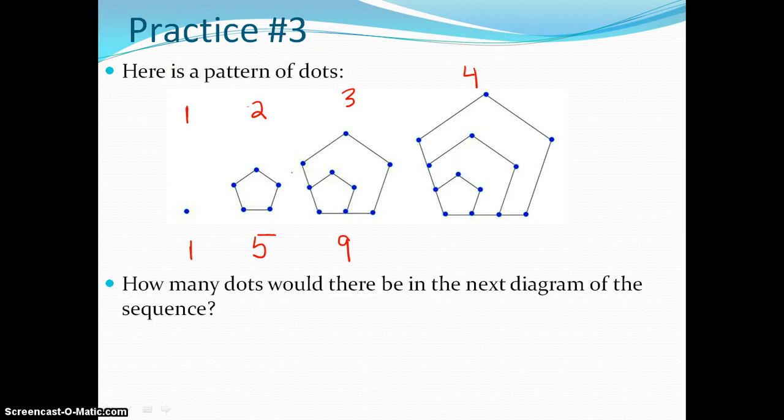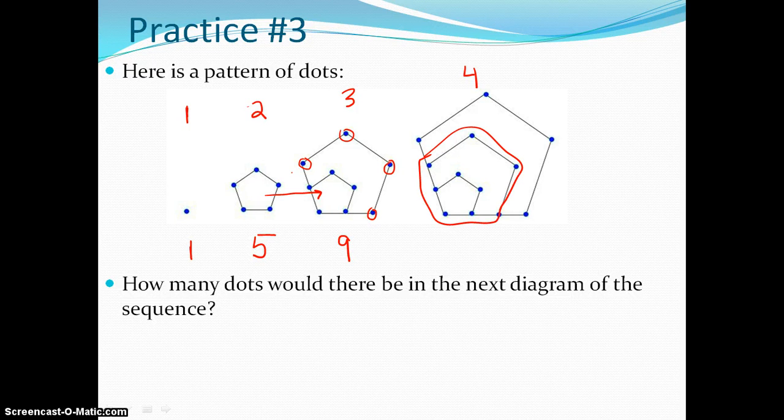We got the 9 dots from this shape here, plus 1, 2, 3, 4 more, because this shape is the same as the previous shape there.